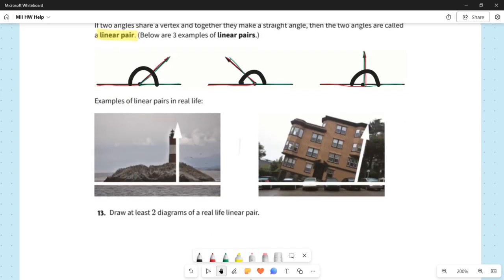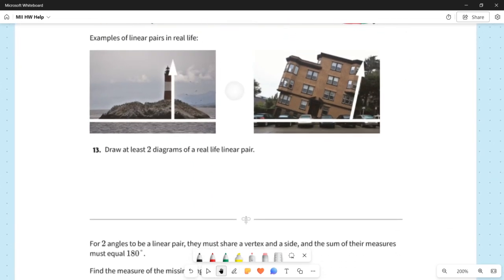Okay. We can see here we've got examples of linear pairs in real life. Picture on the left, we got a lighthouse on an island. Notice that where the land meets the water is my straight line, and then the lighthouse forms an angle with that ray, and so that would be an example of a linear pair.